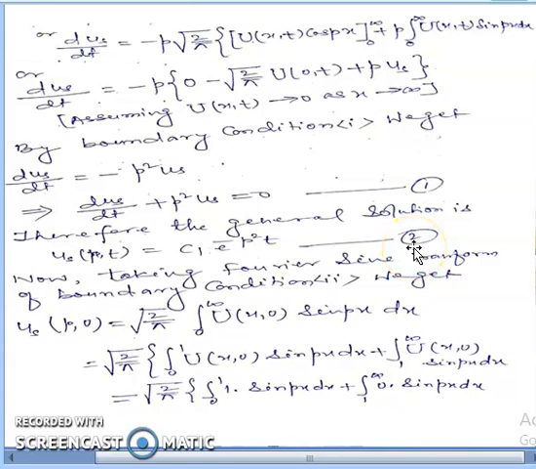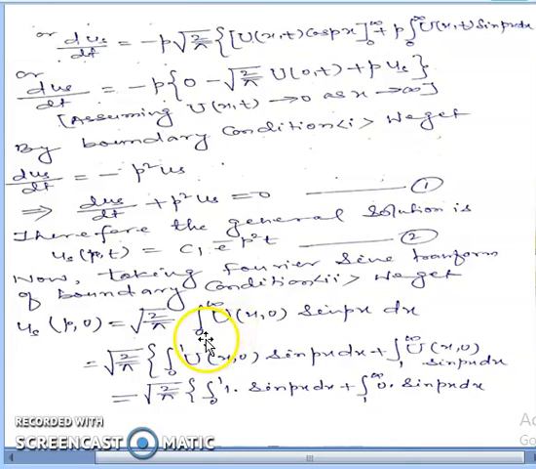First we find the general solution of equation 1, d/dt of u_s + p² u_s = 0, and here is the general solution u_s(p,t) = c₁ e^(−p²t). This is equation number 2. Now taking the Fourier sine transform of boundary condition 2, we get u_s(p,0) = √(2/π) ∫₀^∞ u(x,0) sin(px) dx.